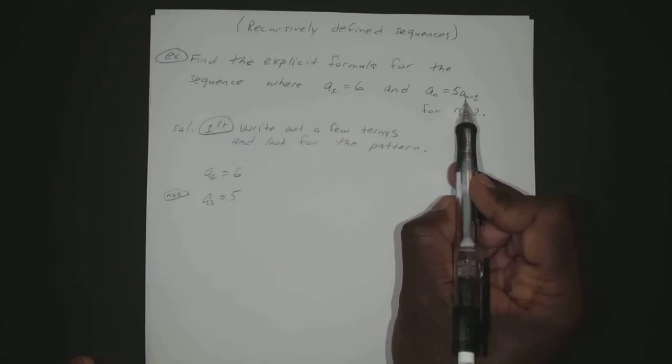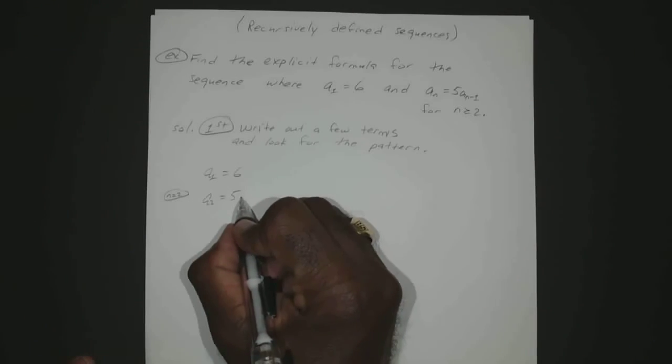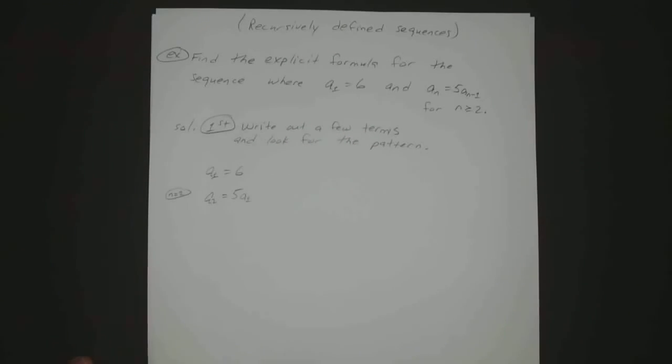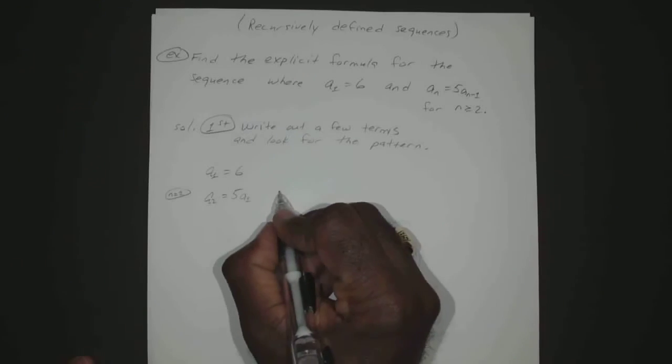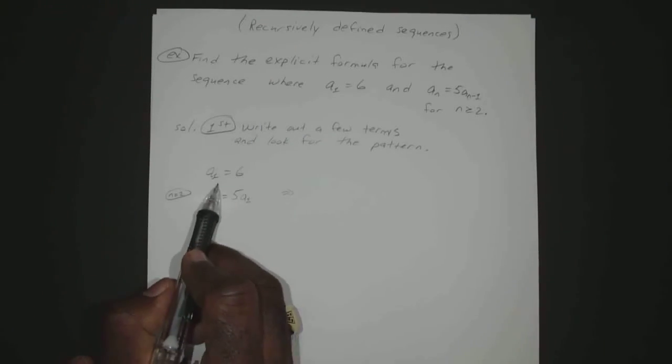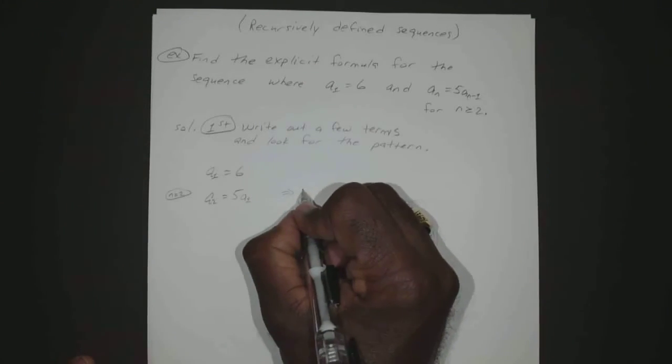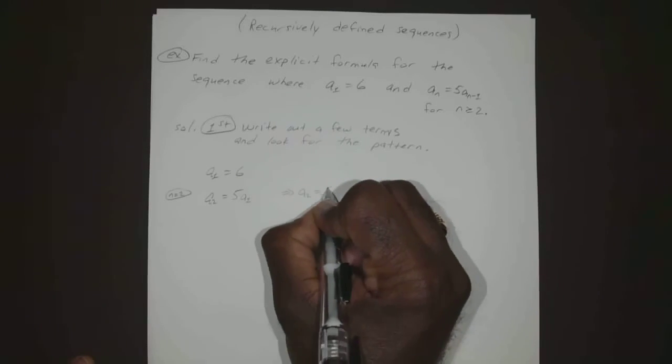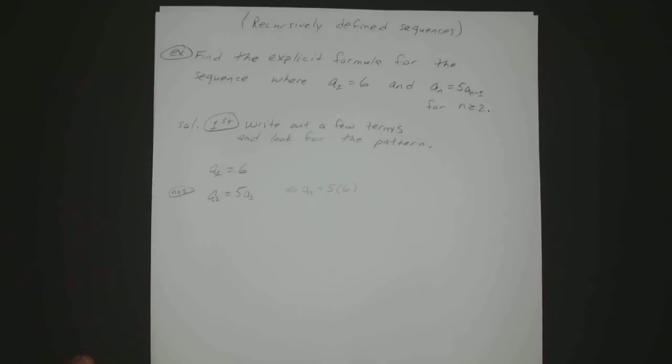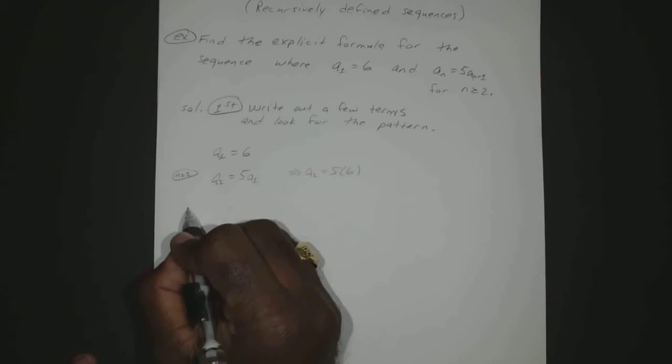5 times a sub 2 minus 1, so that's 5 times a sub 1. Since our a sub 1 is 6, a sub 2 is equal to 5 times 6. Now we go to our third term.